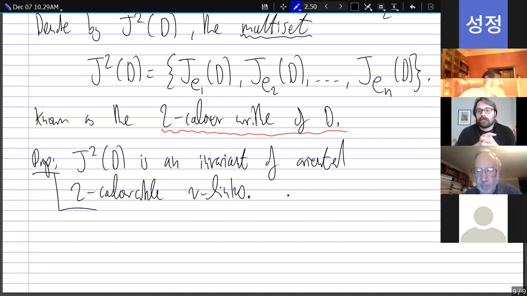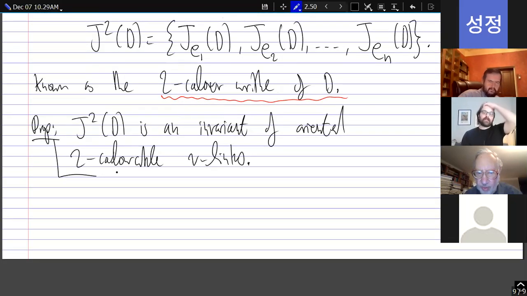So I think it's not a great deal to define two colorability for those which are not two colorable. Yeah, you could do that using cut points. That's a good point. And so this invariant has all of the applications that I said a few minutes ago.